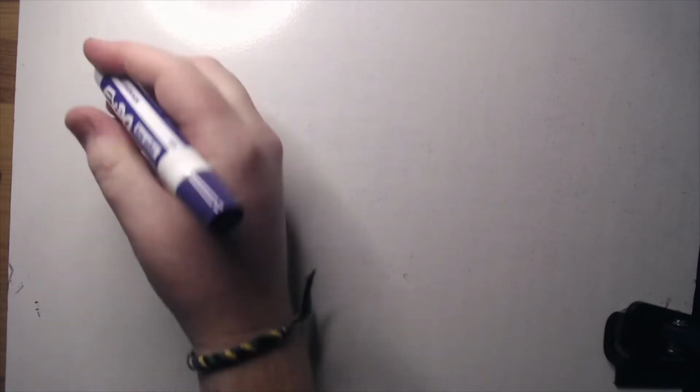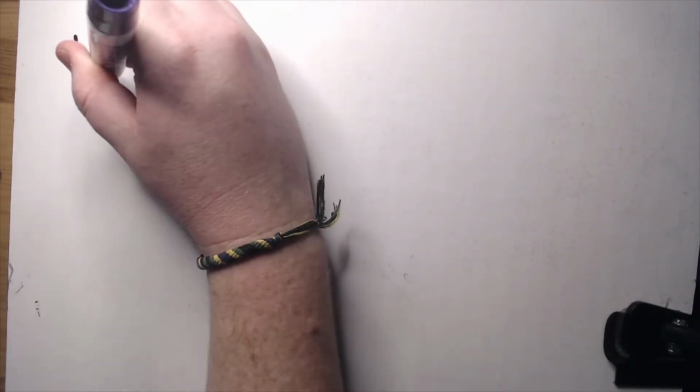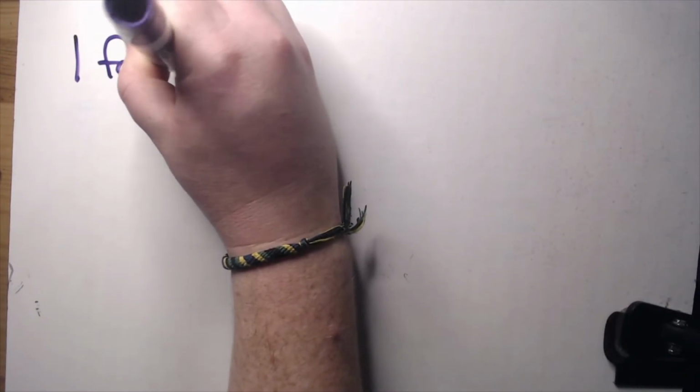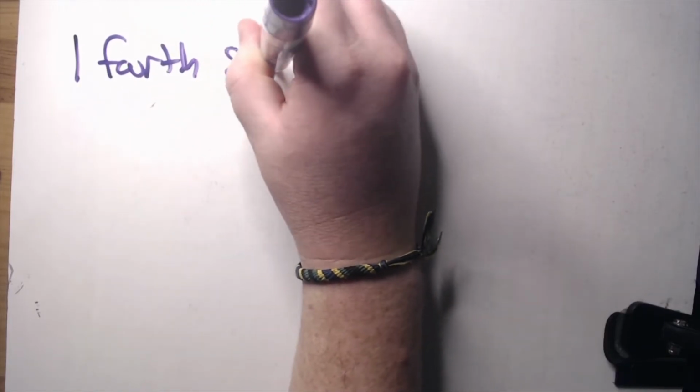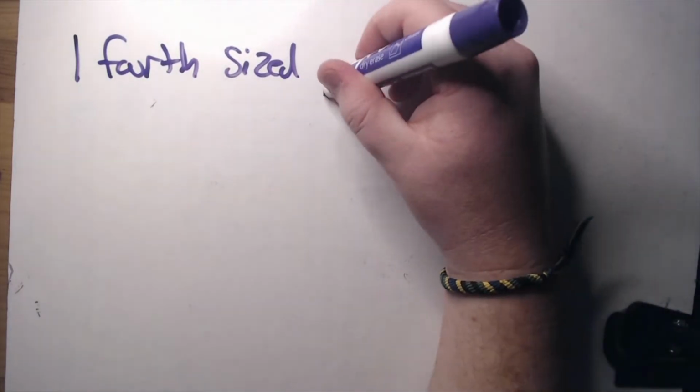That's the short version. So in the example, though, it says complete each equation, and it gives you word problems, too, to go along with our regular math problems. So we're going to go ahead and kind of just show you what we're going to need to do to solve these problems. So this one says 1/4 sized part.